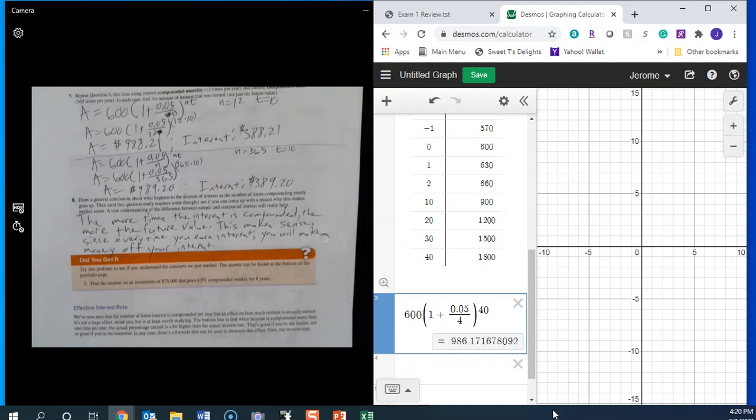So when you compound it, every time you make interest, you will make interest on that interest as well.